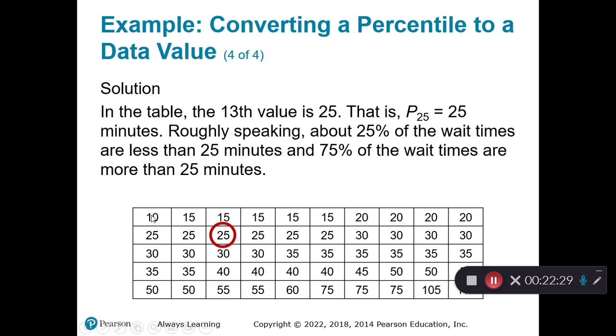So again, there are 10 values per row, so we know this right here would be the 10th value, this is the 11th, 12th, this is the 13th value in the sorted list, the one here circled in red. So the 25th percentile would have a value of 25 minutes.